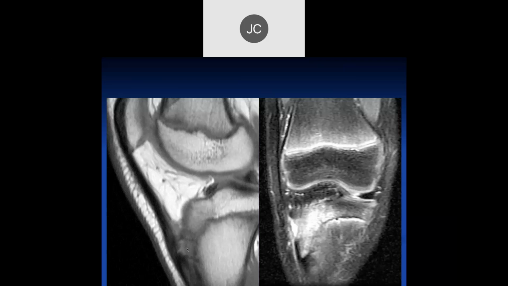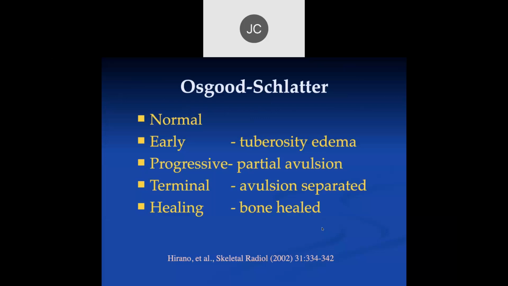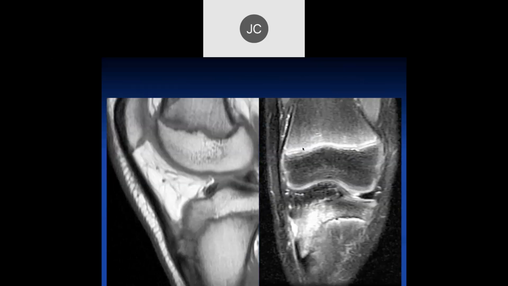In fact, Osgood-Schlatter disease in almost all cases really is a childhood disease. And in children, tendons are very strong. It's the bone that's the weak link. So in true Osgood-Schlatter disease, the first stage really is edema within the bone like we're seeing here. If you go back to Hirano, that would be where you get tuberosity edema.